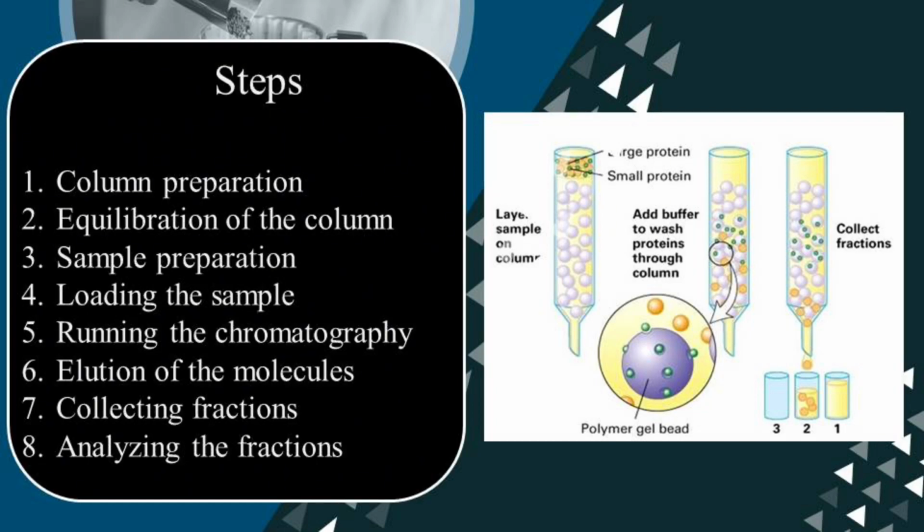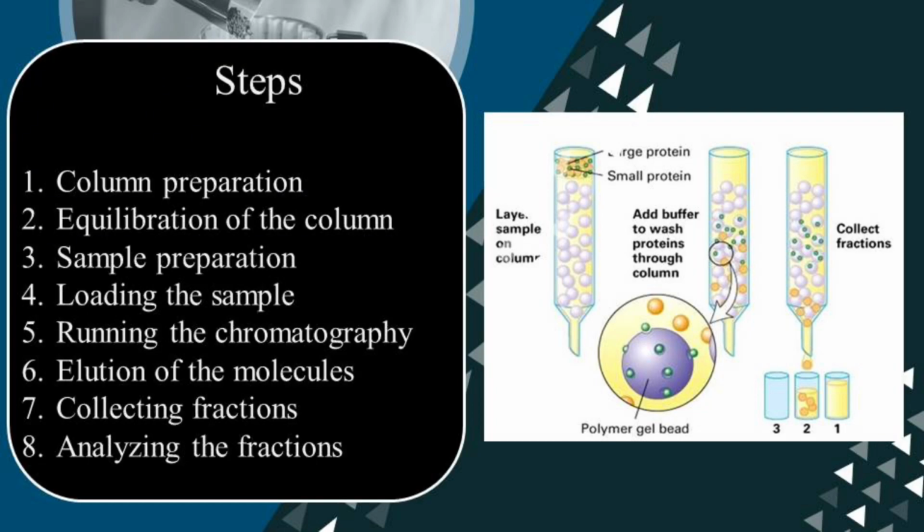In here, the prepared sample is applied to the top of the column, either by gravity flow or using an automated sample loading system. The next step is loading the sample and then running the chromatography. After that, the next step is elution of the molecules. The elution process begins by adding the eluent to the top of the column.